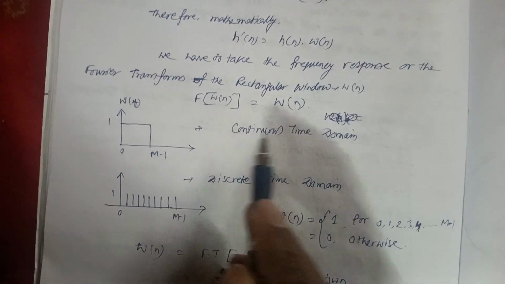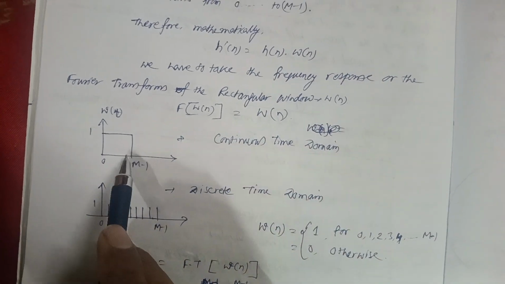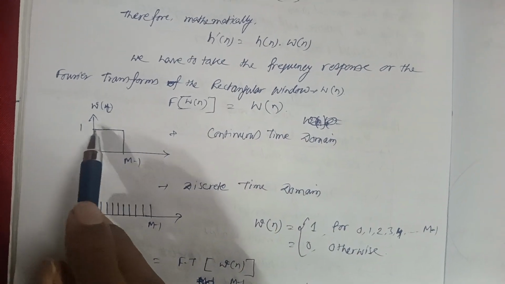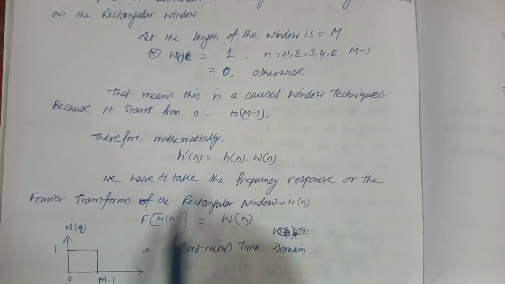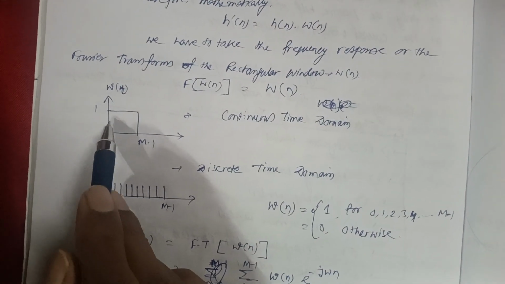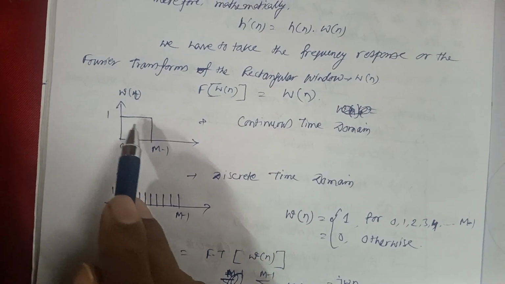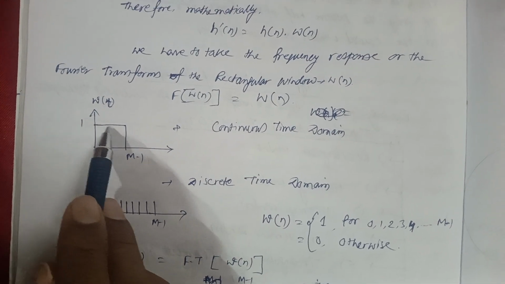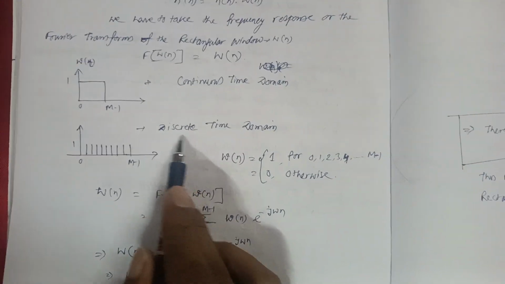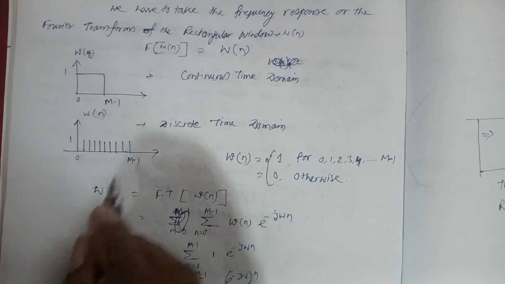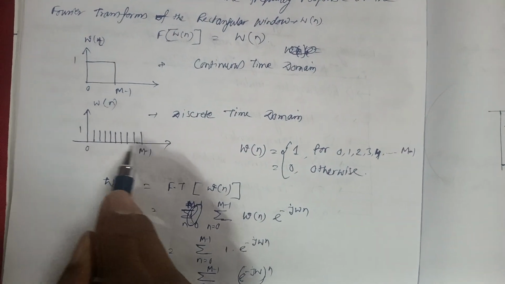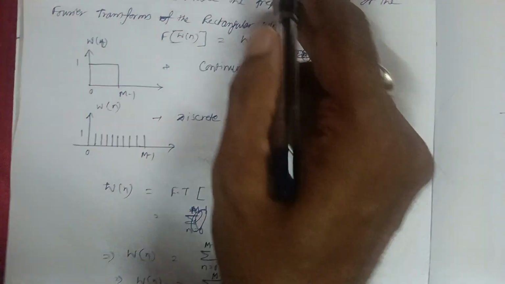Now in the continuous time domain, if I plot w(n), where w(n) equals 1 for n equals 0 to M minus 1, then throughout this range it will be 1 everywhere. If I talk about the discrete time domain, then for w(n), from 0 to M minus 1, all the samples will be 1.